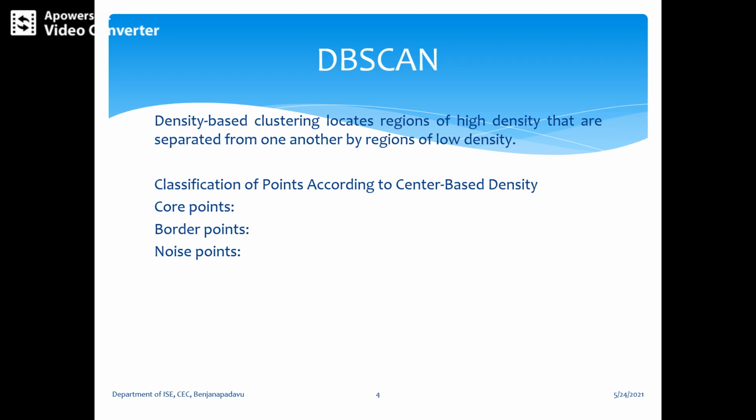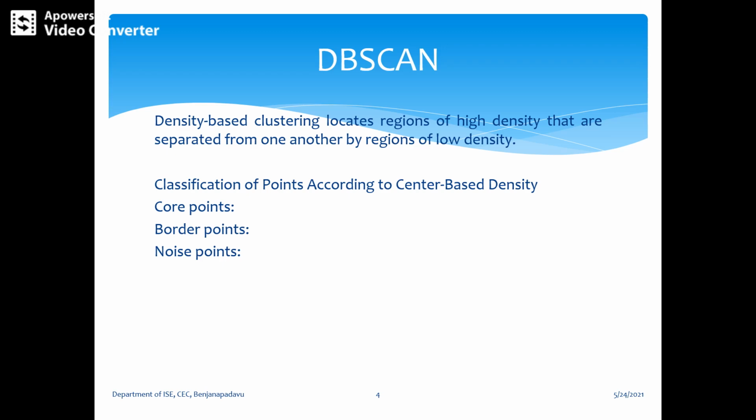First we discuss the traditional density, that is the center-based approach. In the center-based approach, density is estimated for a particular point in the data set by counting the number of points within a specified radius, that is Eps. This includes the point itself.